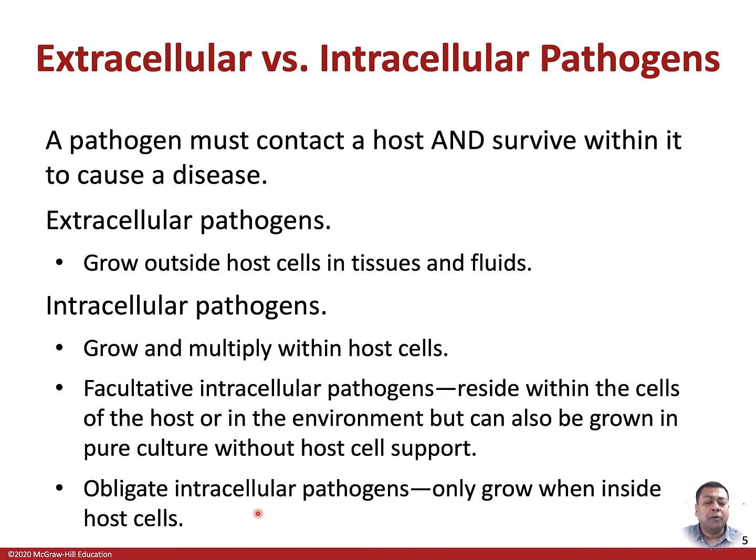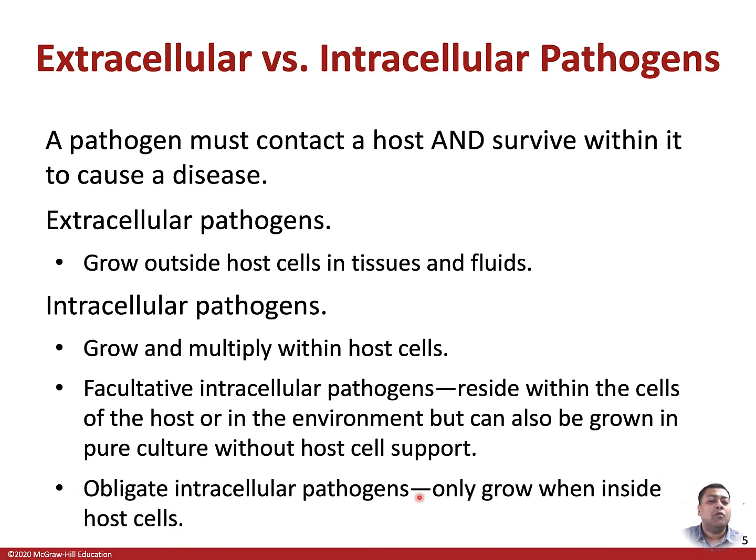There is also a large group of organisms known as the Rickettsia. These are bacteria, and these Rickettsia can only grow inside a living cell. So they always grow inside a cell and they cannot grow outside a cell. So those are obligate intracellular pathogens.